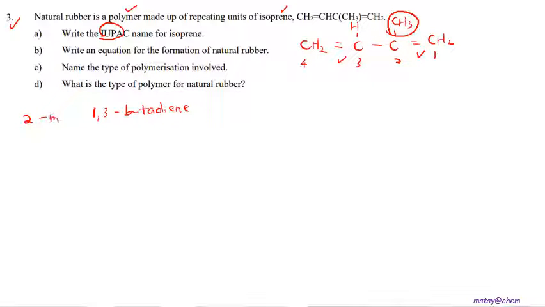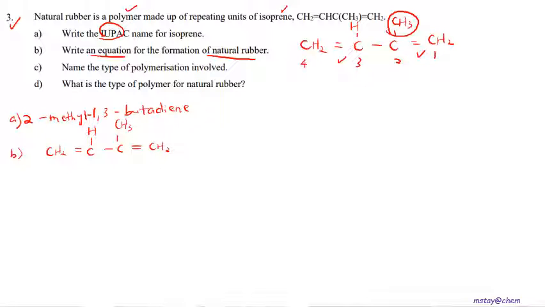So 2-methyl-1,3-butadiene. Question B, write an equation for the formation of the natural rubber. Since we already have the monomer, let's start with CH2 double bond CH3, and then double bond CH2.